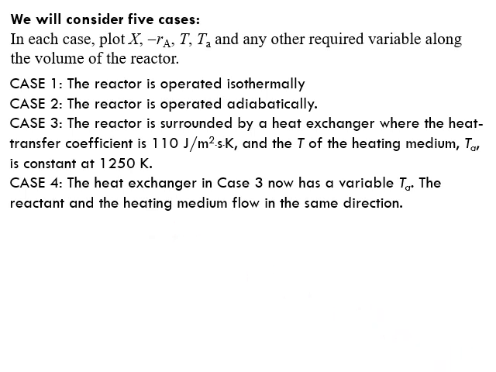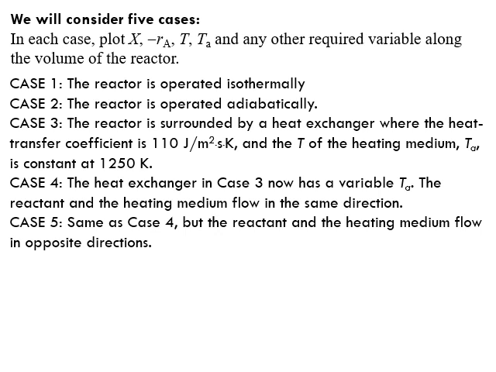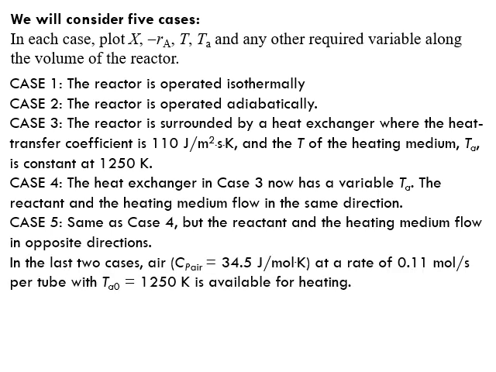Case 4, the heat exchanger in case 3 now has a variable Ta, and the reactant and the heating medium flow in the same direction. Case 5, you guessed it, same as case 4, but the reactant and the heating medium flow in opposite directions.